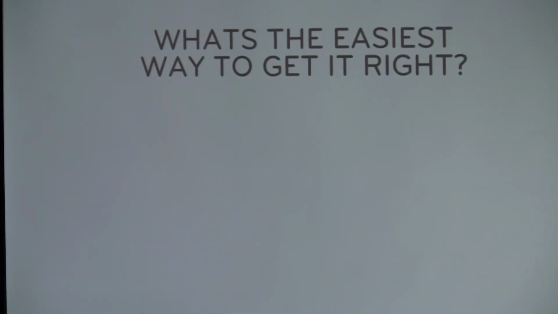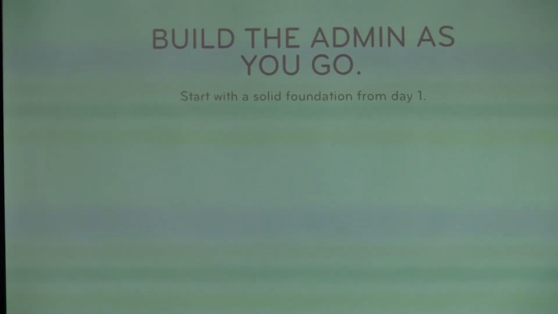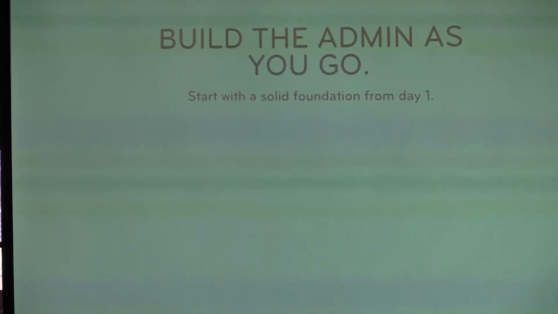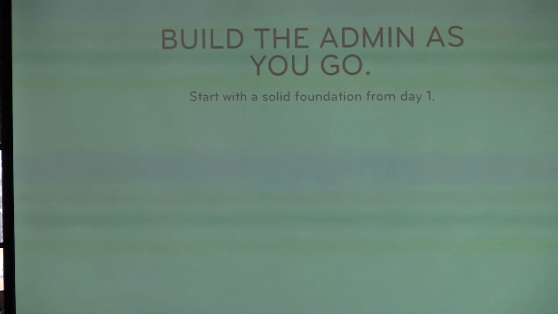Okay. So what's the easiest way to get it right? Build the admin as you go. Start from a solid foundation from day one. Again, start with total control. It basically gives you what you need. And then for each feature, think about what the life of the admin is going to be.